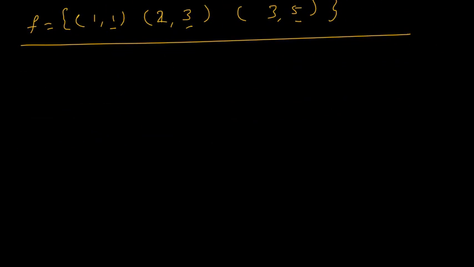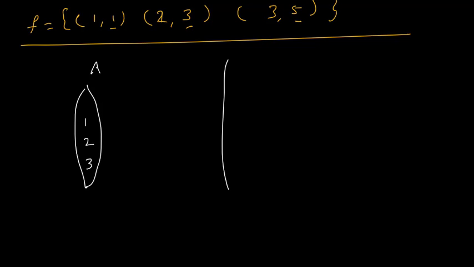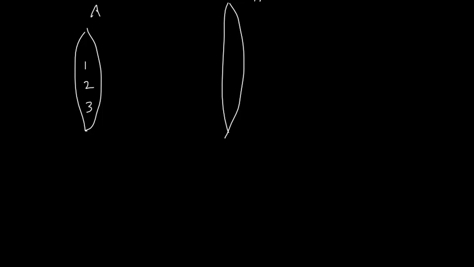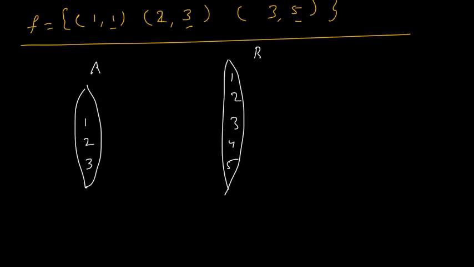Now I can represent this function with the help of an arrow diagram. So here let me draw an arrow diagram. I will define set A, in which I have 1, 2 and 3, and set B, in which we have 1, 2, 3, 4 and 5. So using the arrow diagram, 1 is related to 1.